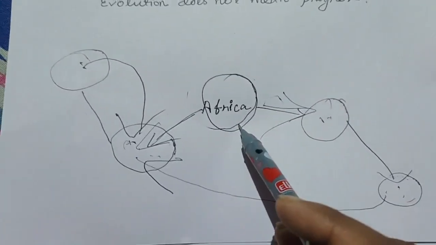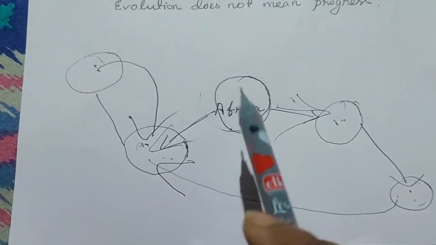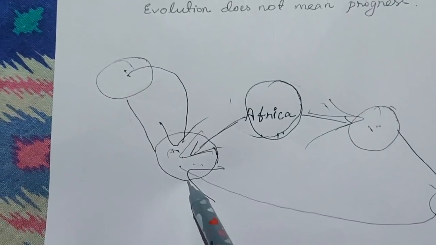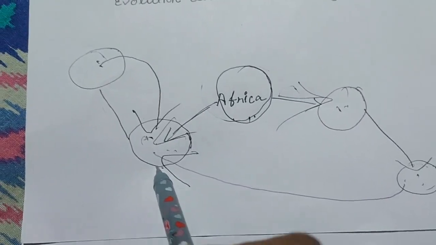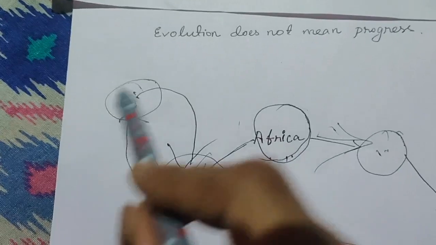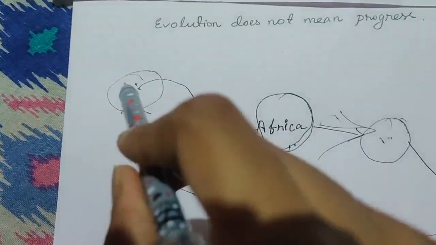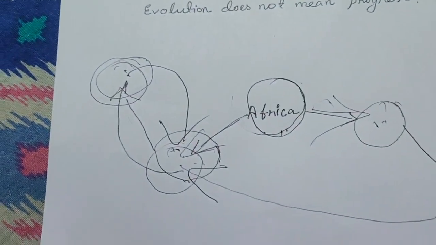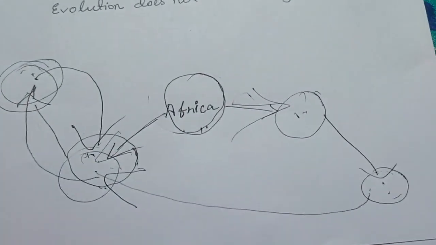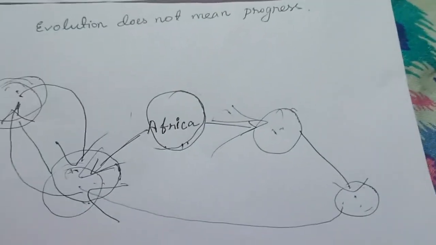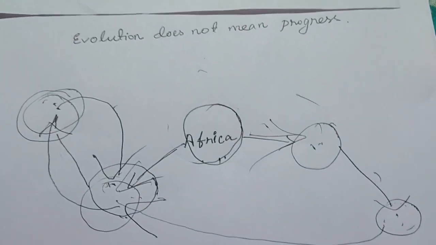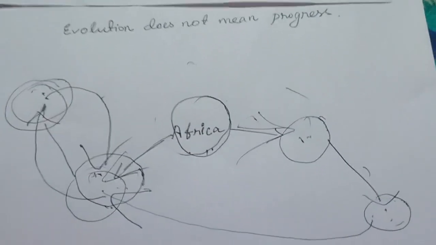In that place, the people have some different genetics. In this place, the people have some different genetics. Then when traveling of people keeps happening and the reproduction between them keeps happening, the variation increases more. So the skin colors, eye colors of people in different places have different colors.